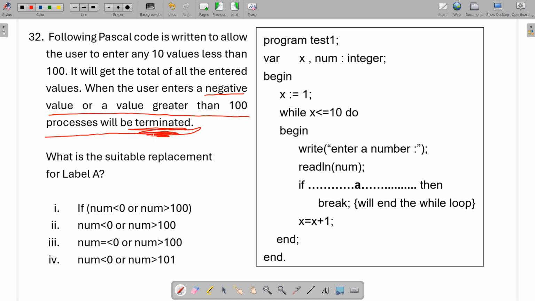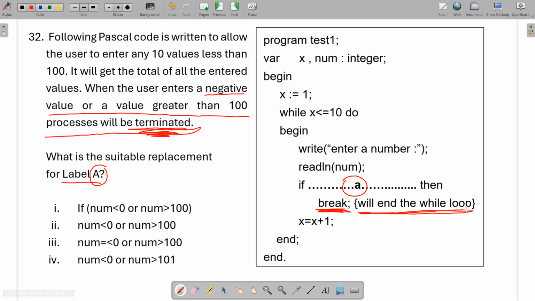So they are asking what is the suitable replacement for label A. Even though it is indicated in capitals over here, in the code it's indicated as a symbol. So somehow they are asking what's the condition that should come for A. And under the if condition, they have used something called break, and the purpose of the break is given in this comment: will end the while loop.